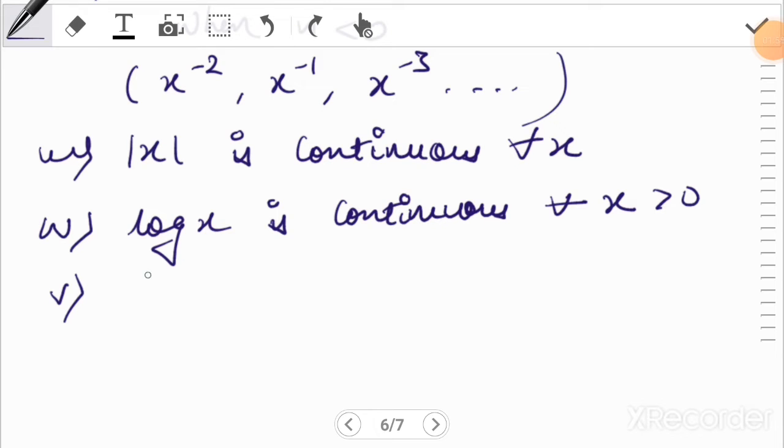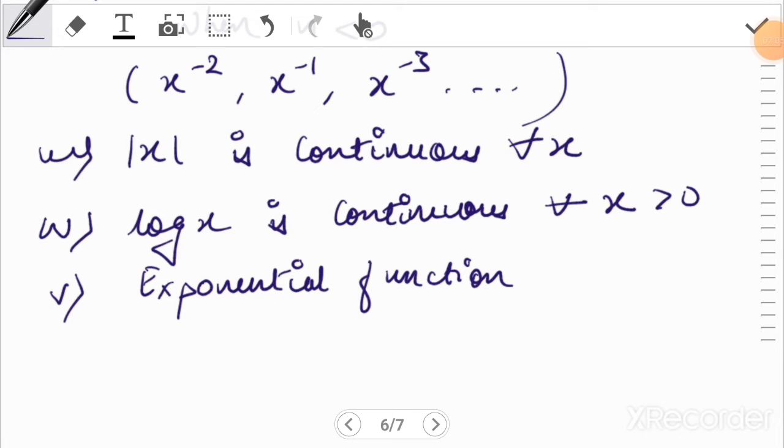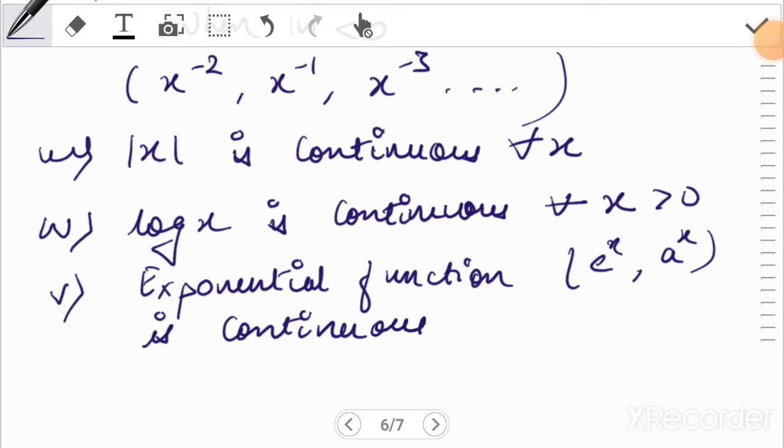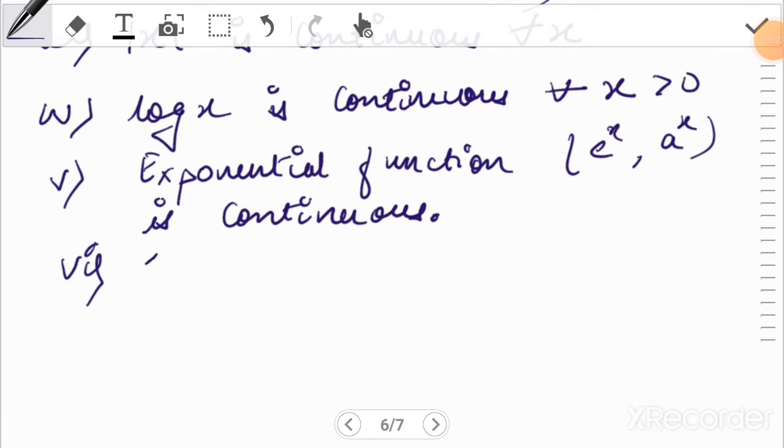And every exponential function is continuous, like e to the x, a raised to the power x. Next, sin x and cos x are continuous functions, continuous for all x.